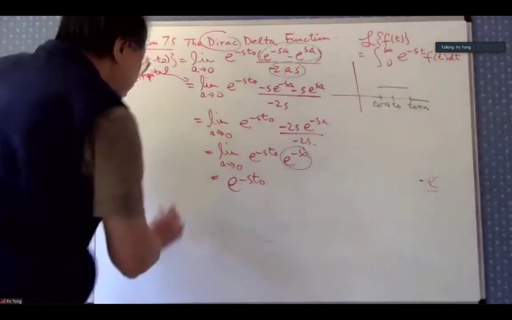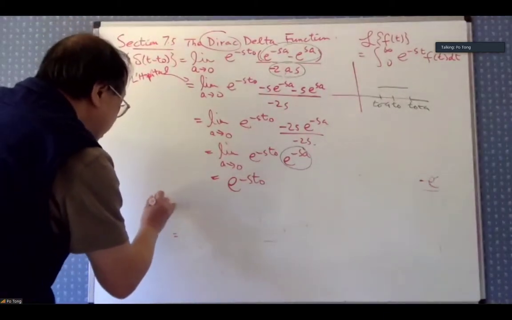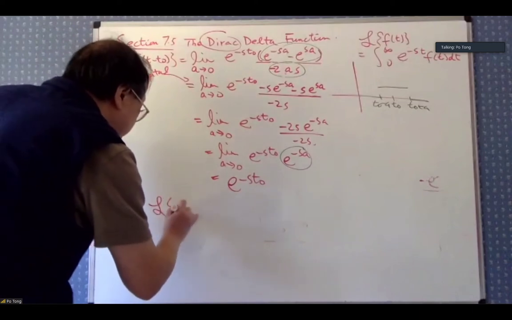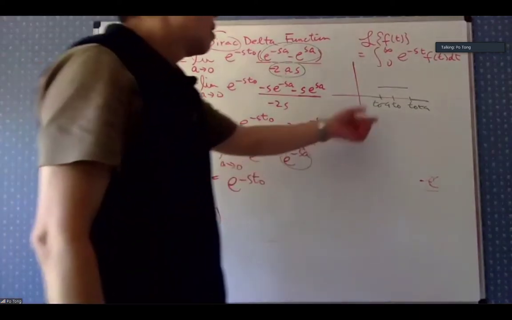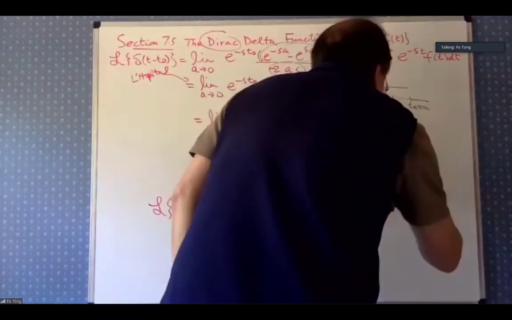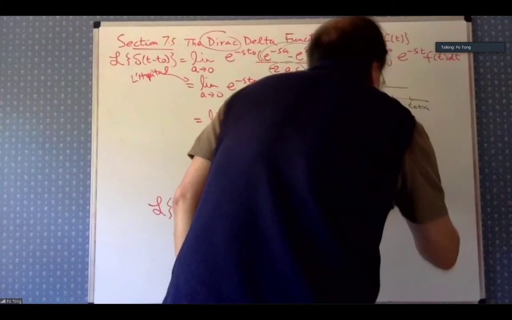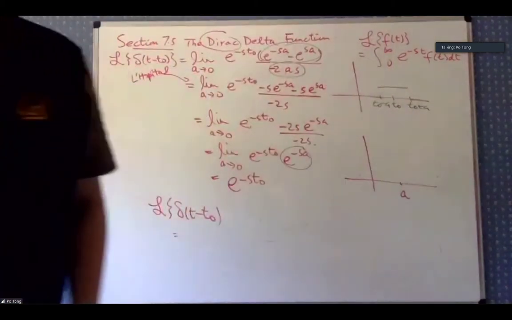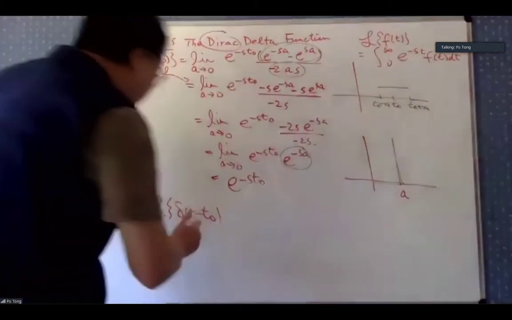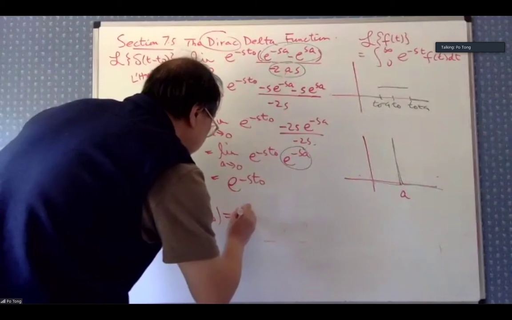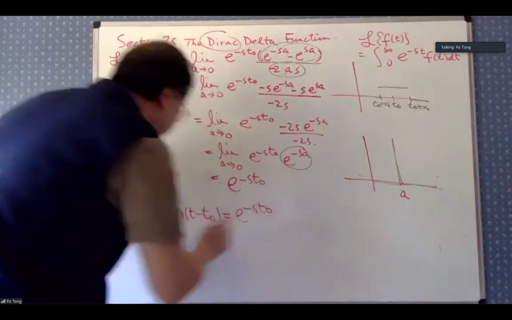So we have shown that the Laplace transform of delta(t minus t0), the function with a spike at t equal to a, is just equal to e to the power minus s t0.